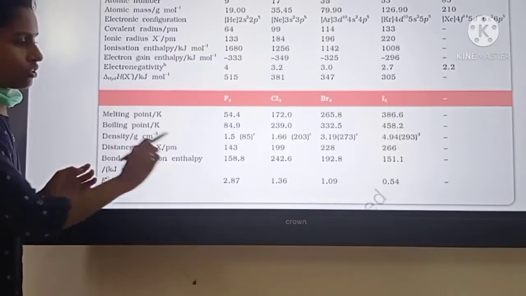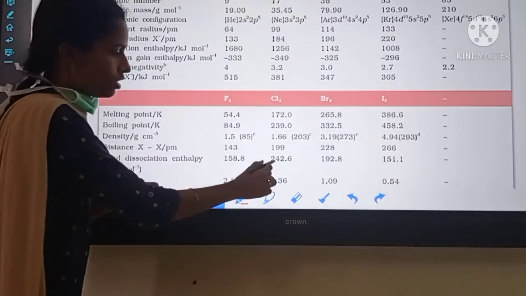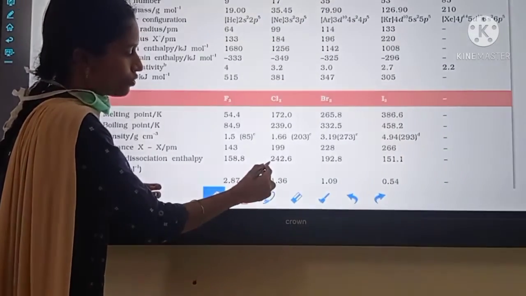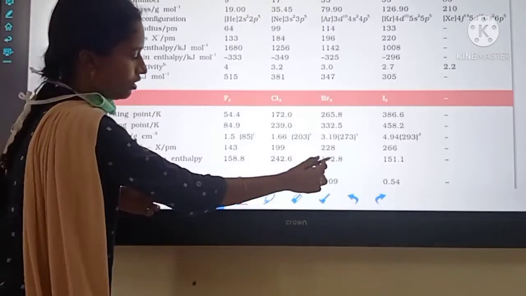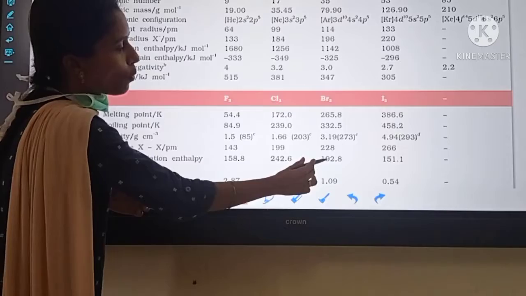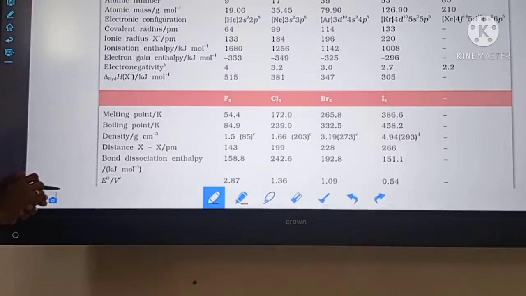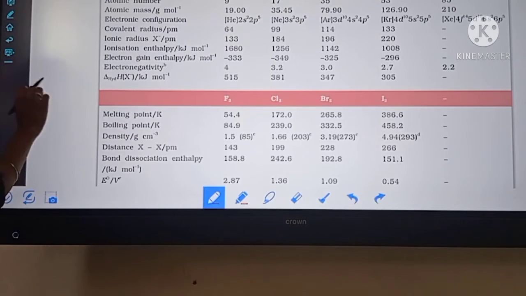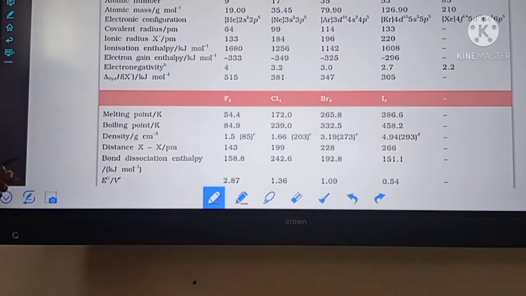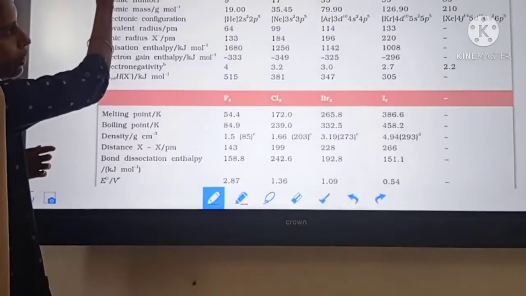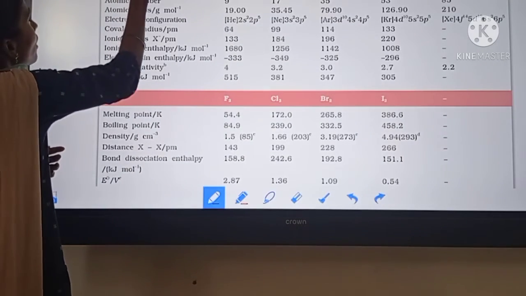Then bond dissociation enthalpy. This is important. The highest bond dissociation enthalpy is for chlorine. If you compare the values, chlorine has the highest bond dissociation enthalpy, followed by bromine, then fluorine, and then iodine.